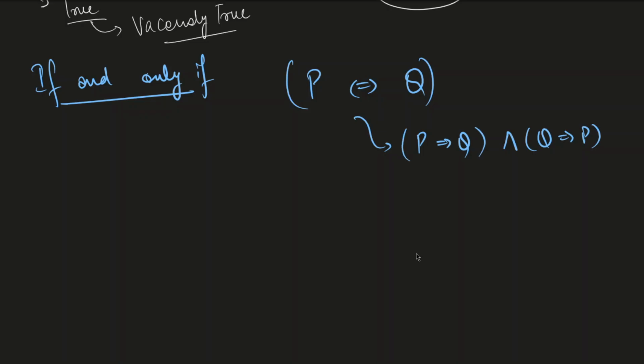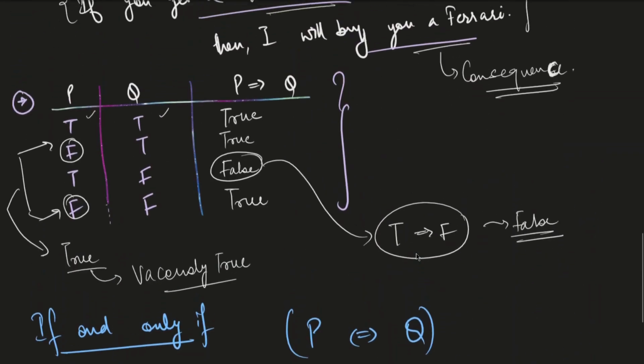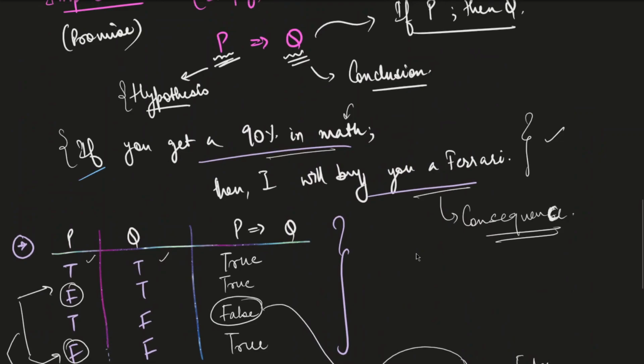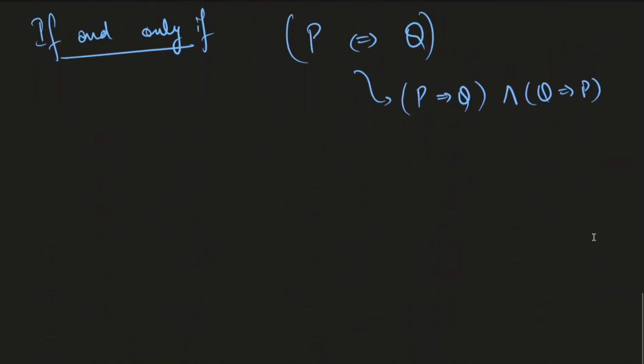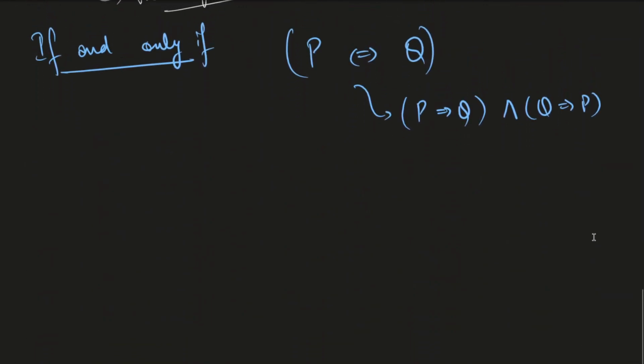The implication is an if-then type of statement, and here we have an if and only if. So when I try to evaluate this, what do I get?